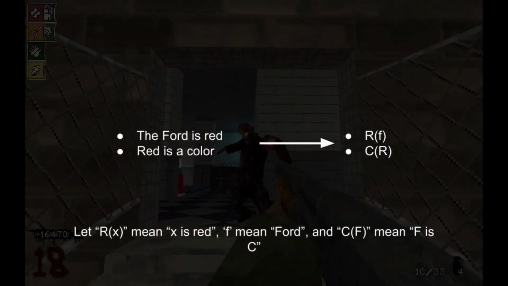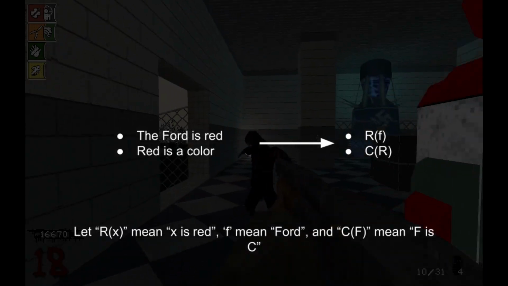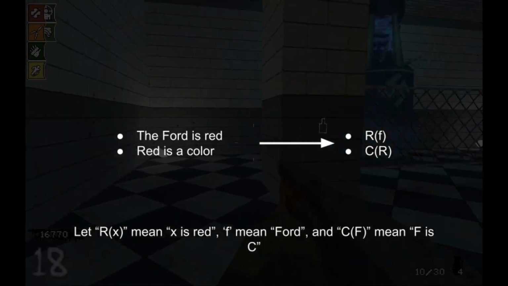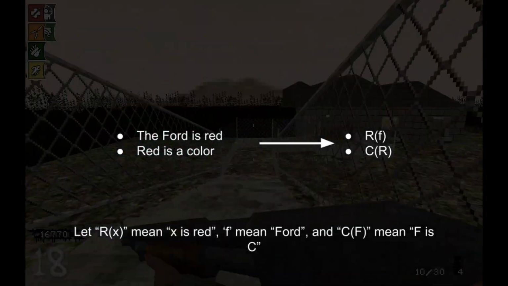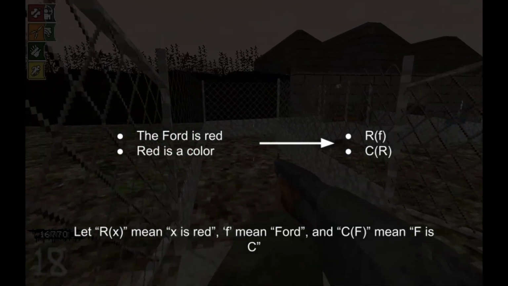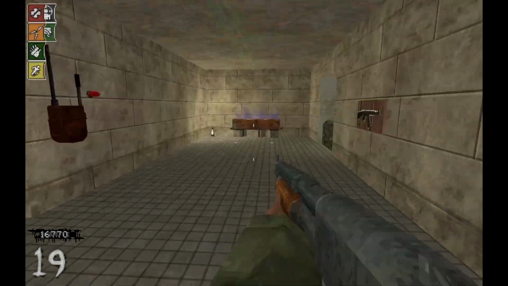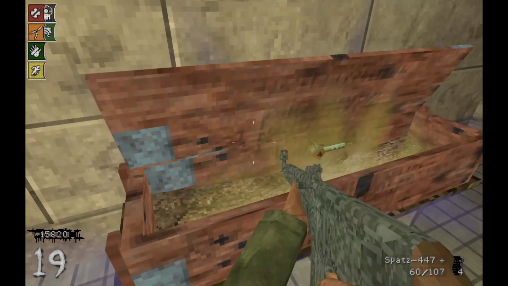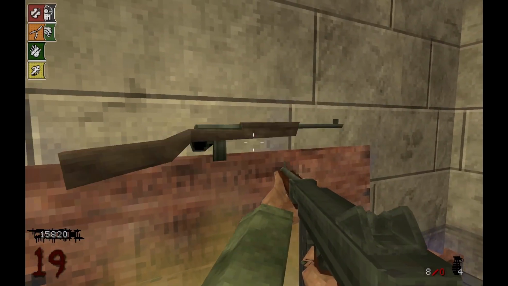However, if you have second order logic, we're now no longer constrained by that, and we can now predicate over other predicates. So red is going to be a predicate, and you can say red is a color, where color is a second order predicate applying to the first order predicate. So we can divide up predicates into first order and second order. Second order predicates are going to be predicates of other first order predicates, and first order predicates are going to be predicates of objects.